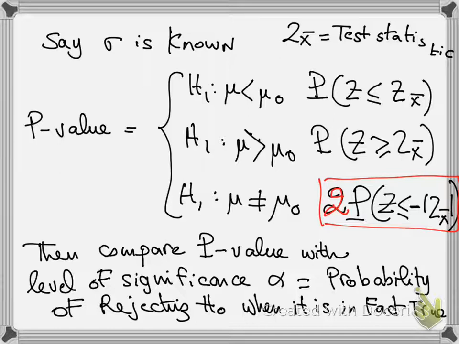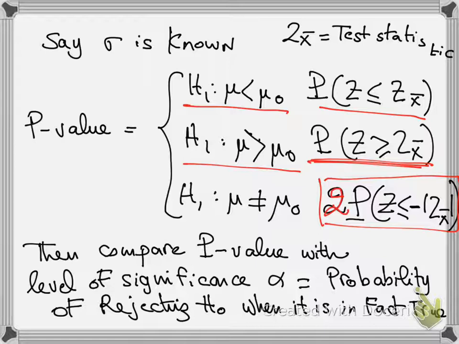If H1 is mu less than mu 0, then this is our p-value. If the alternative hypothesis is that mu is larger than mu 0, this is your p-value. If the alternative hypothesis is that your mean is different from the null hypothesis, this is equal to 2 times the probability that z is less than negative z x bar.